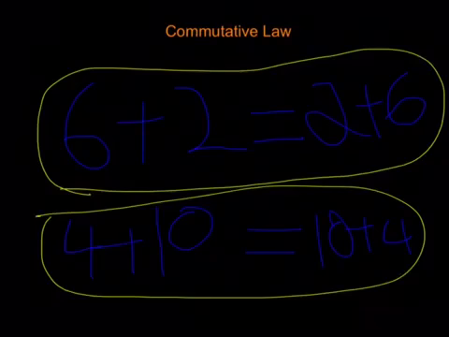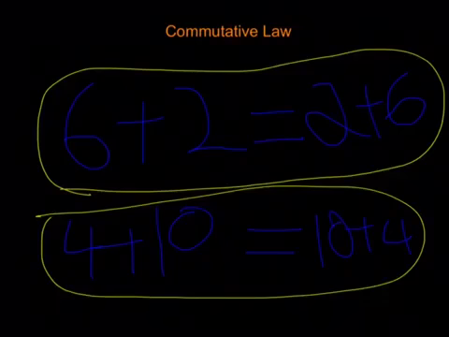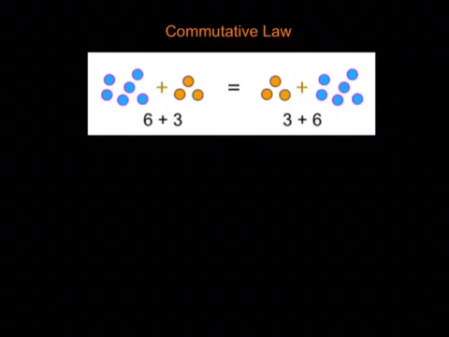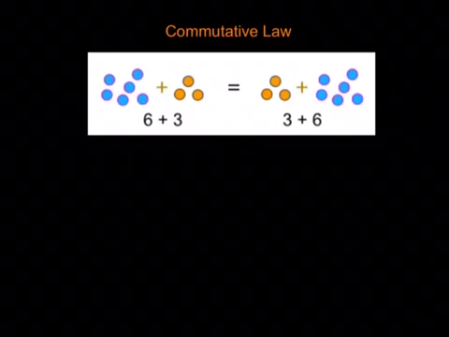So now we'll give you some examples and tell you what the distributive law is. And again, we'll put in some visual examples, some images of our working out for commutative law. So here's the visual example of the commutative law.